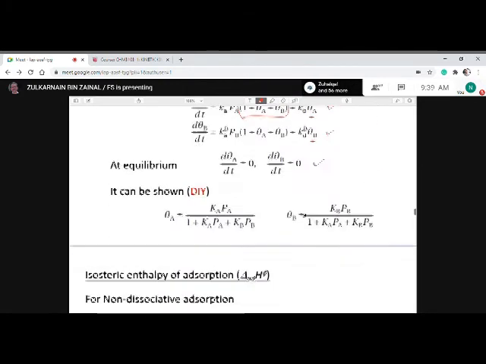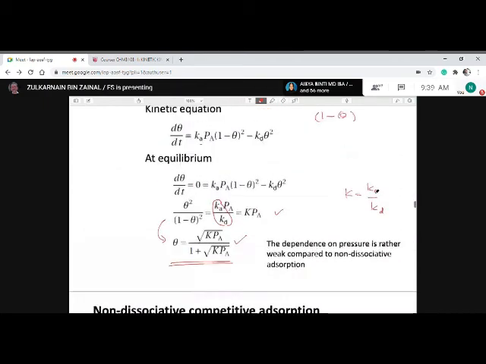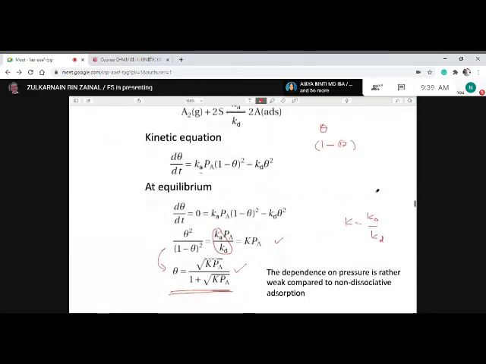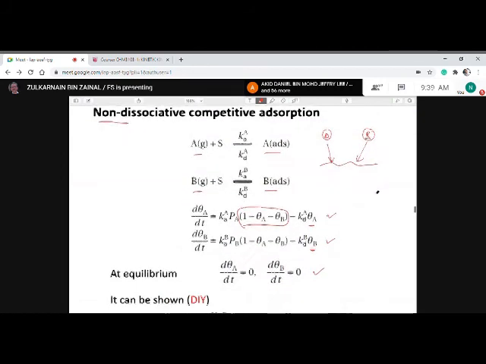So then we have the amount of A adsorbed equal to this, and the amount of B adsorbed equal to this. So we have seen two cases: one is dissociative adsorption, the other is non-dissociative competitive adsorption.